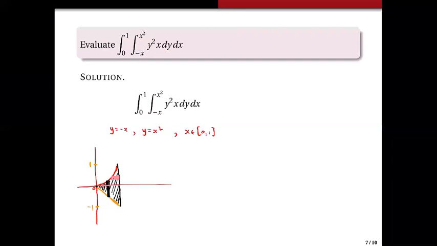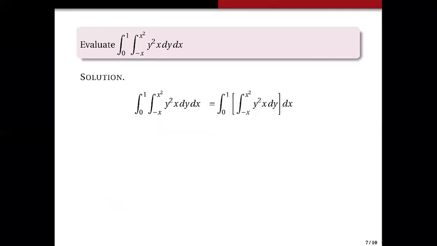If above the x-axis, and if below the x-axis, it will be from the line y equals negative x to x equals 1. Okay. So imagine how these strips move. So anyway, this is easier in a sense. In this order, it is easier because you don't have to divide into two parts.